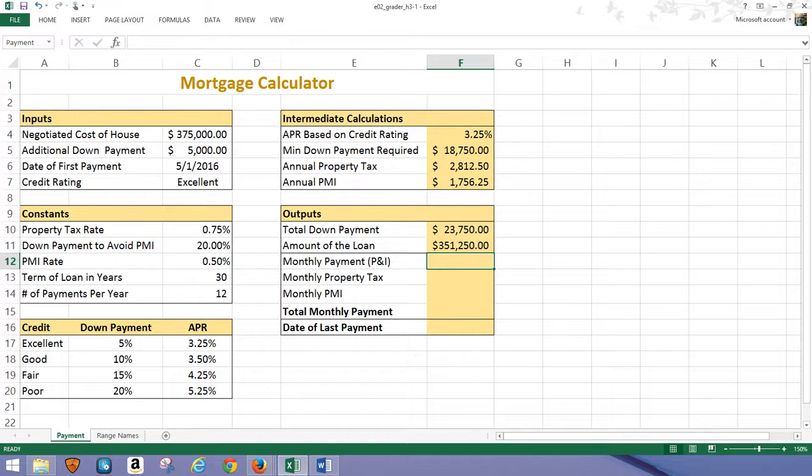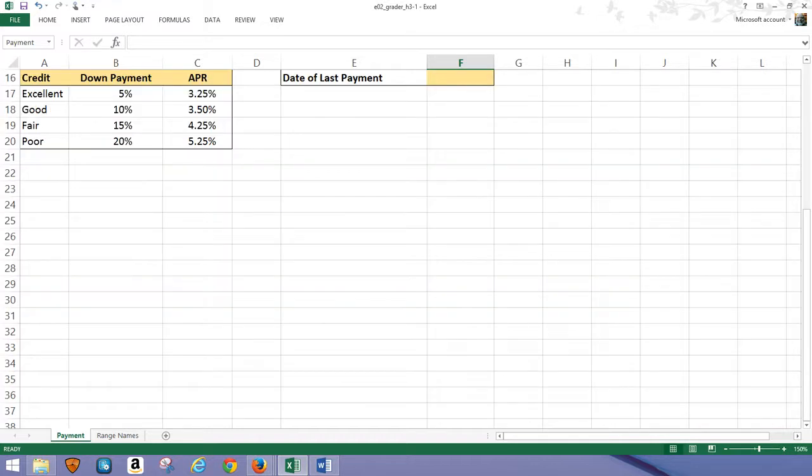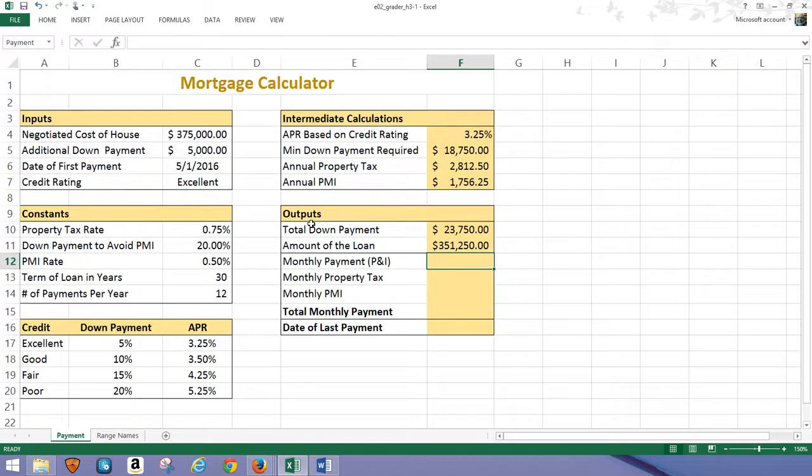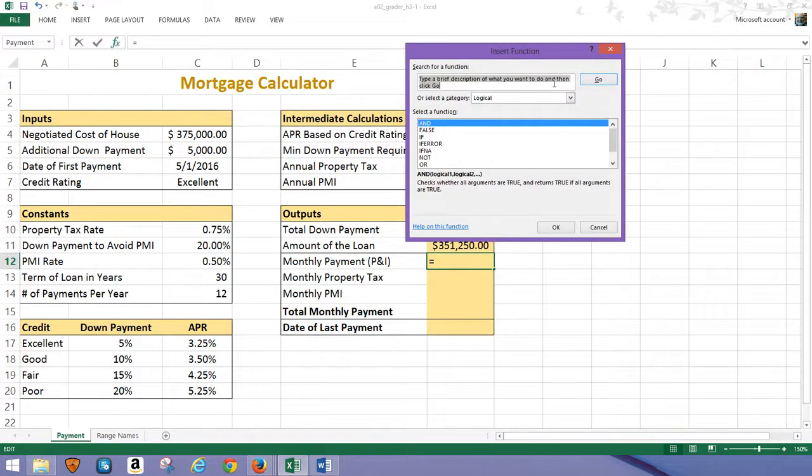Now I need to know the monthly payment. So we're on step 9. In step 9, it says go to F12, enter the payment function. So I have to go here, and payment function is a financial function.